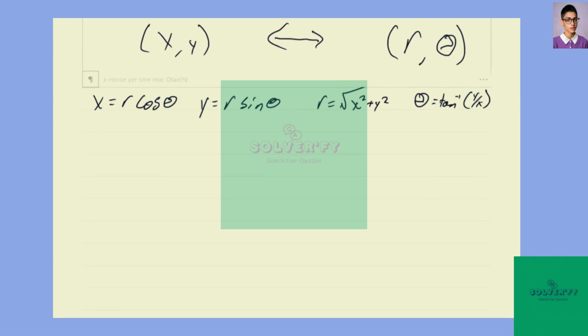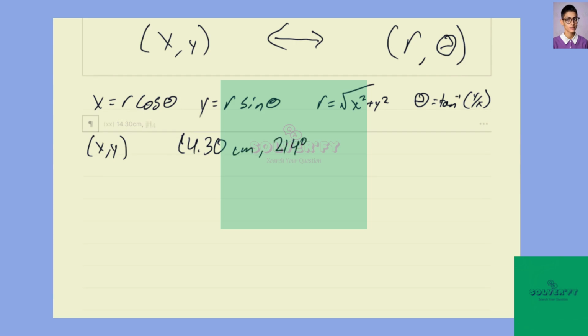Part A wants us to find the Cartesian coordinates (x, y) from the polar coordinates 4.3 centimeters and 214 degrees. So we know, using the formulas above, x equals 4.3 cosine of 214 degrees and y equals 4.3 sine 214 degrees.